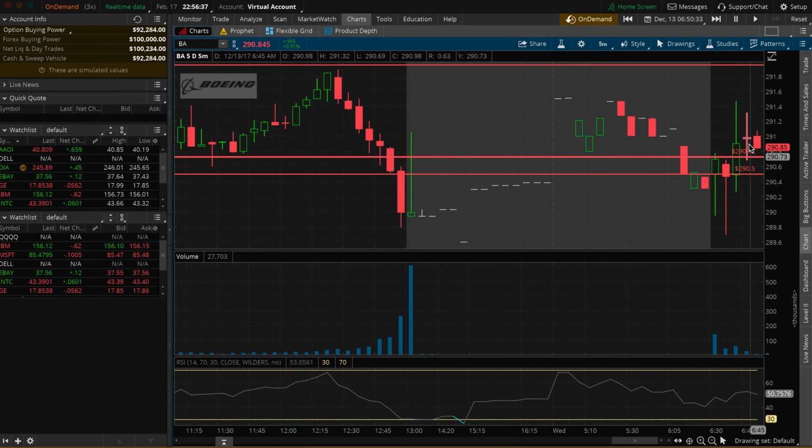Okay. So it looks like it's struggling to get past this area right here. This area pre-market, it looked like it struggled, and it looks like it's struggling to get past that again. So this could be another resistance point. But it's holding the support. So until this closes below my support, I'm going to keep holding.